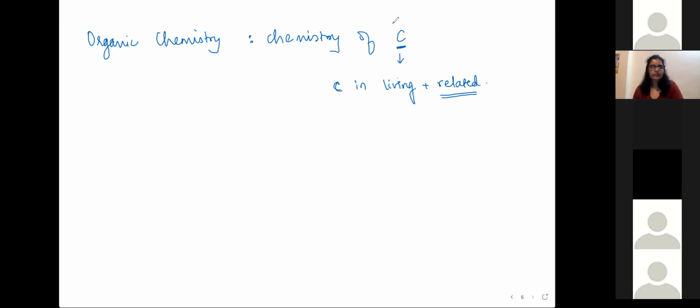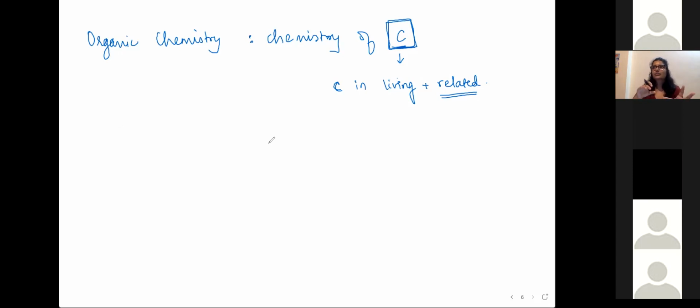So the center of attention in organic chemistry is carbon. You're basically studying how carbon behaves in different situations. If it is bonded only to hydrogen, you have hydrocarbons. Carbon bonded in a single bond, in double bonds, in triple bonds?